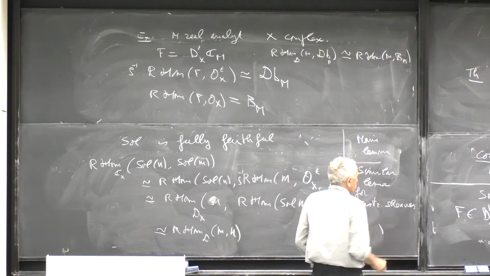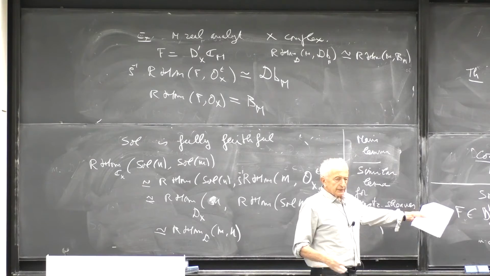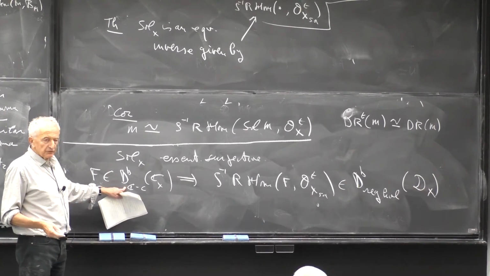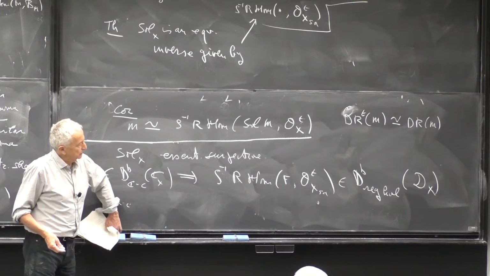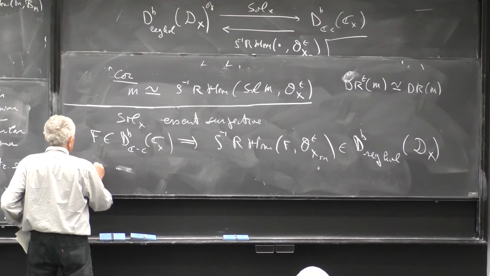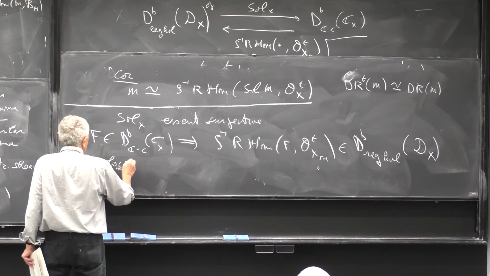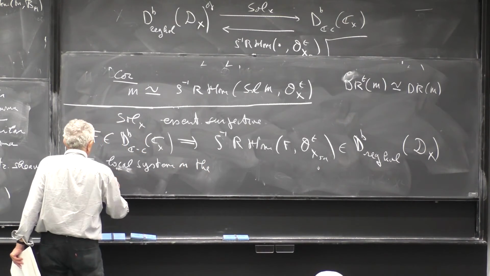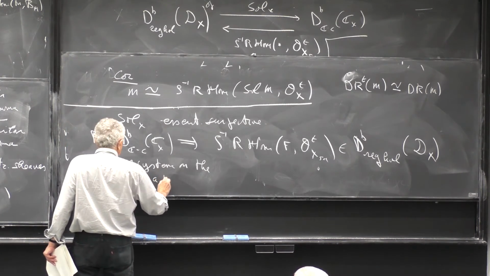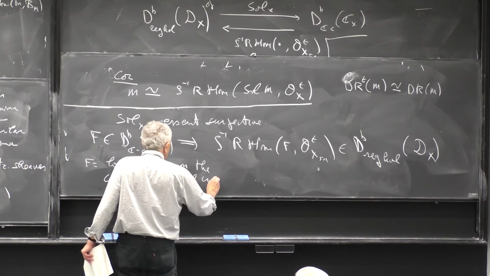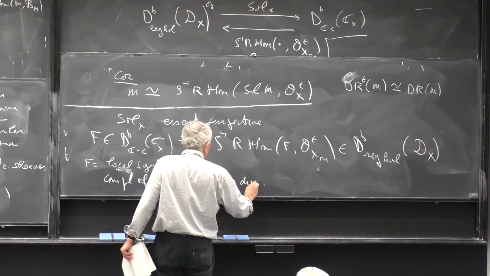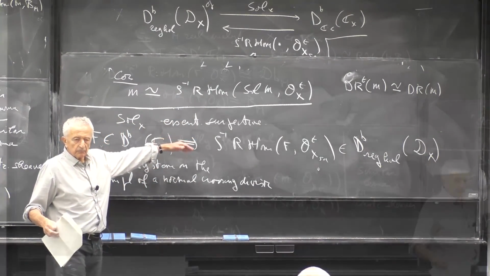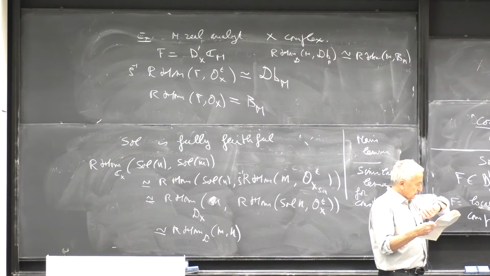If you want to check a property on constructible sheaves, it's enough to check that it is invariant by distinguished triangle, by projective morphism, and finally you reduce to the case where F is a local system on the complement of a normal crossing divisor. Okay. So we reduce to this case and then we do it at hand. Okay, so I don't say more.